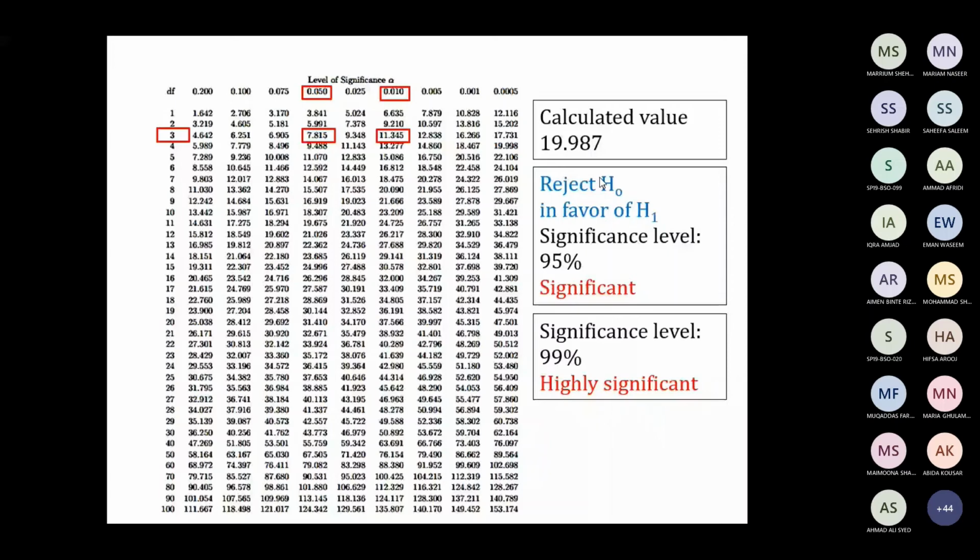And we can see that this value is also less than the calculated value. The calculated value is higher than the table value, even at this probability level. So therefore, the result is very highly significant.